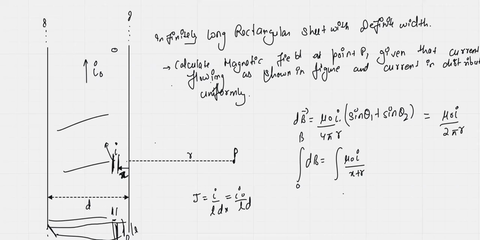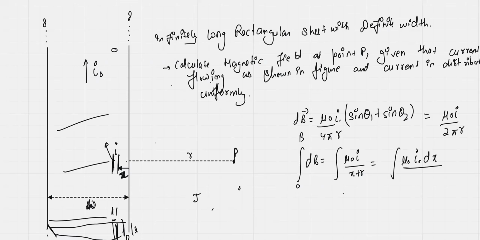So you can simply say I becomes dx divided by d, multiplied by I naught. The total current I naught, dx divided by d. This was the width, so I'll keep it as w so that it won't be confusing.